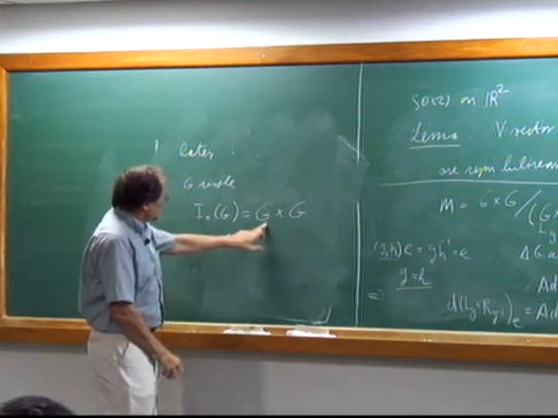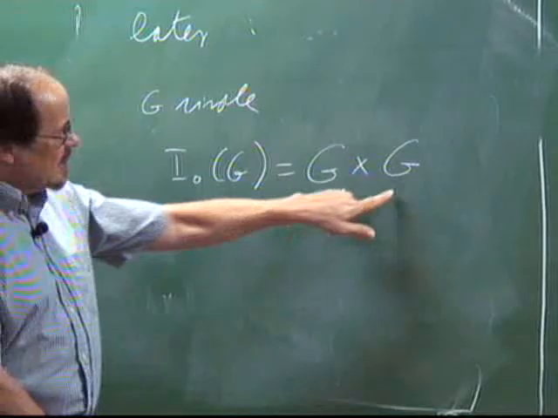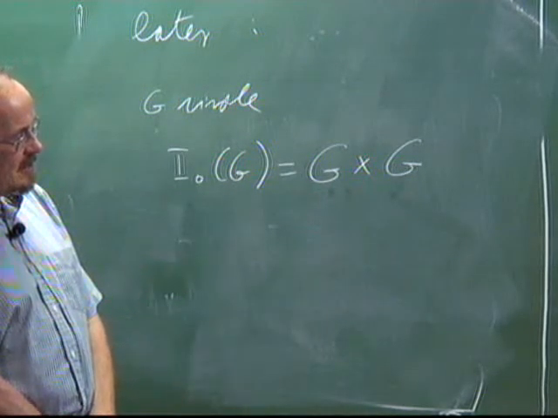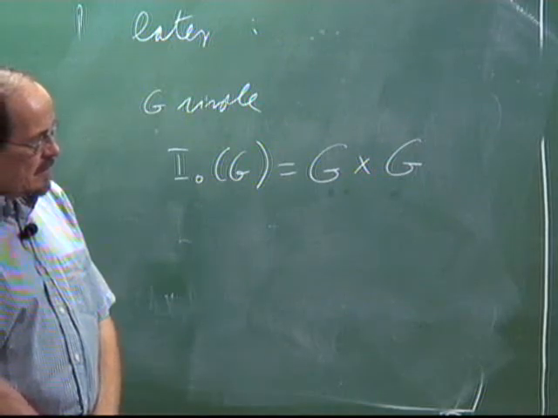This here is not strictly speaking correct, because this action is not effective. There might be some elements that act trivially. So inside here, what acts trivially at every point?